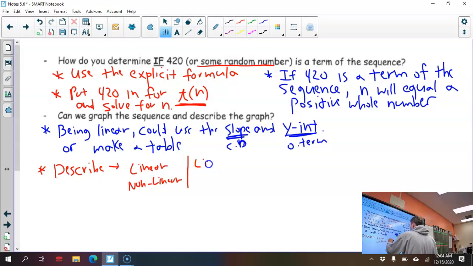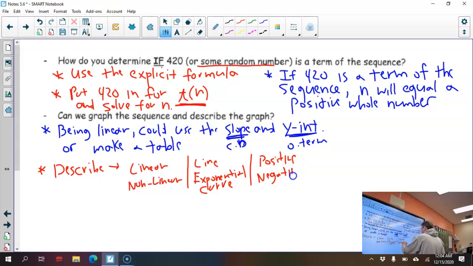Let's see, line or exponential curve, right? Positive, negative. And positive or negative kind of means it's either increasing or decreasing.